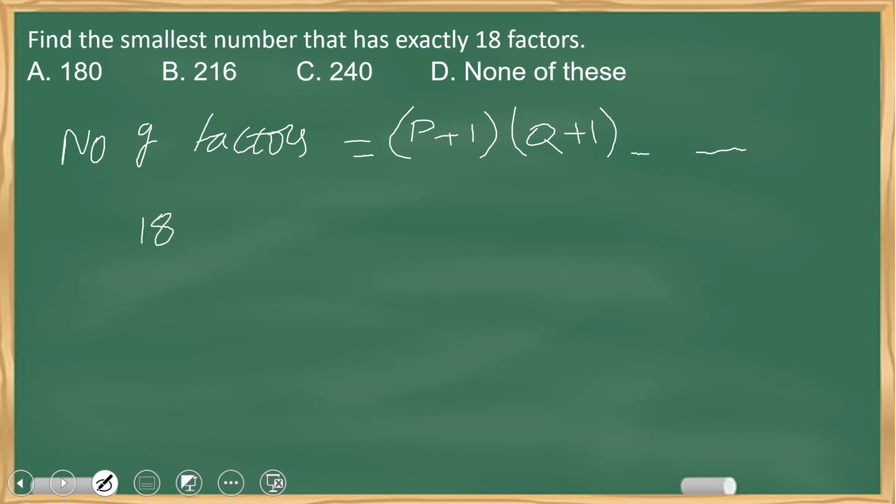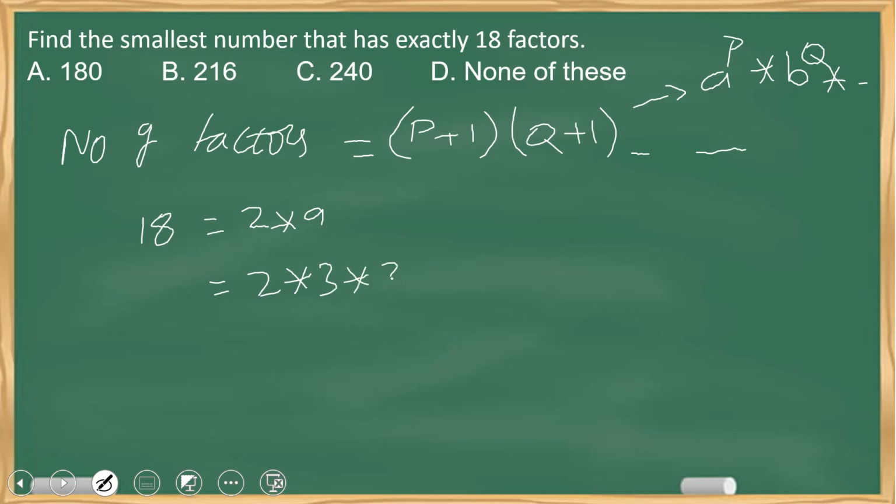So 18 can be split in different ways. I'll try to separate them into different ways, where this one should be a power p into b power q into so on, if you have many more. So first 18 can be split in 2 into 9, or 2 into 3 into 3, or 3 into 3 into 2. So I'm considering each and everything as a base of some number.